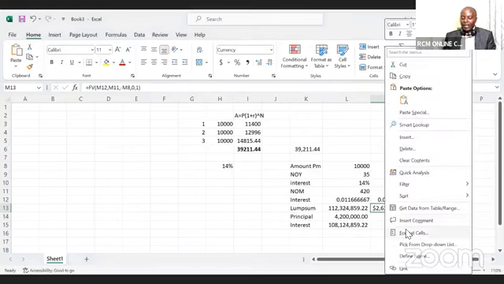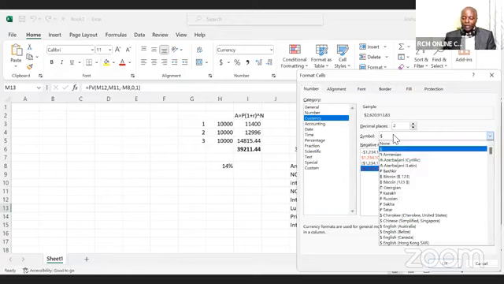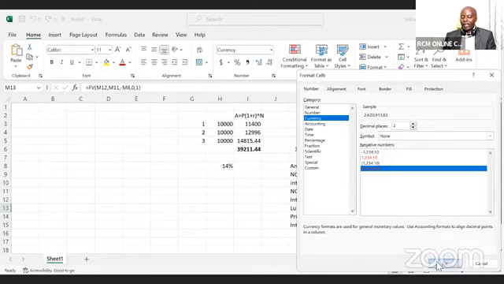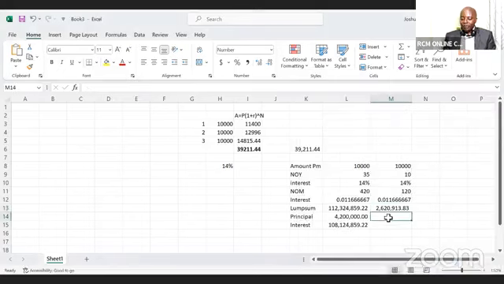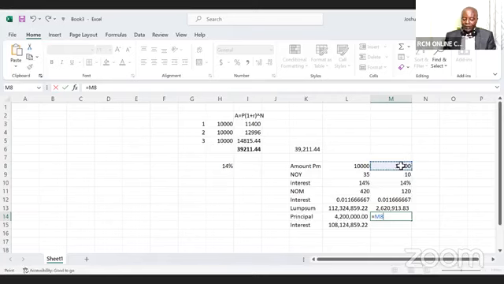Let me format this and remove the dollars for now by saying none there. So you can see the principal amount: he is paying 10,000 every month times 120 months.